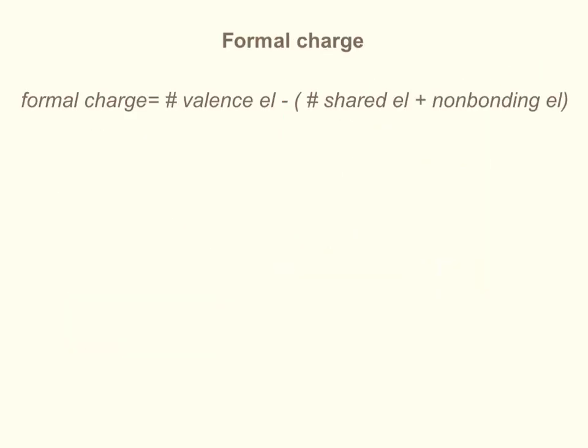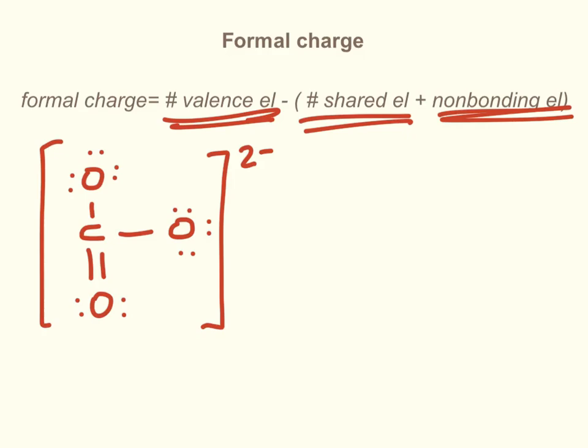This previous example is a good introduction into our next topic, and that is formal charge. By definition, formal charge equals the number of valence electrons minus the sum of shared electrons and non-bonding electrons. Let's bring back our previous example. Let's take a look at the carbon.